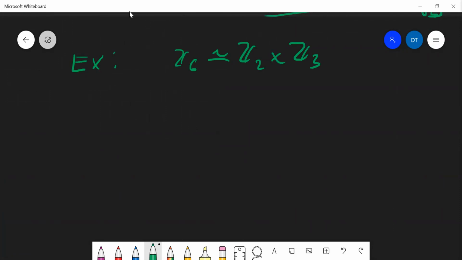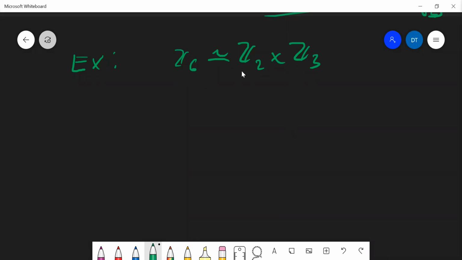So these two groups are actually the same. Exactly the same group has different presentations in the form of a product of cyclic groups. Here we have one cyclic factor, and here we have two cyclic factors.